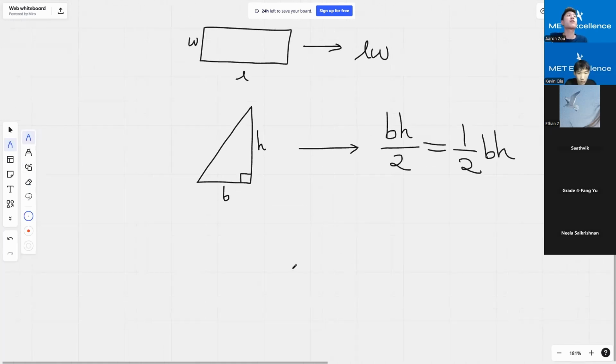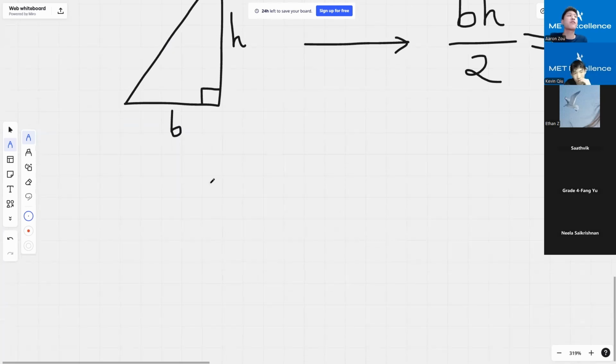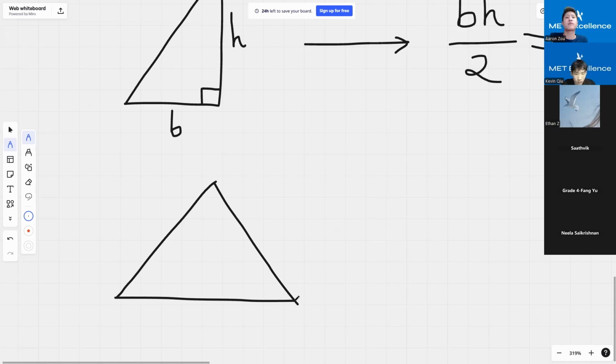Okay, but that's for a right triangle. Now what if I have just a general triangle that's not right? So this is not a right triangle. So how do I find the area? Well, I'm going to tell you that the formula is the same, but we need to find the base and the height. So we know the formula is going to be 1/2 base times height, but we need to find the base and the height.